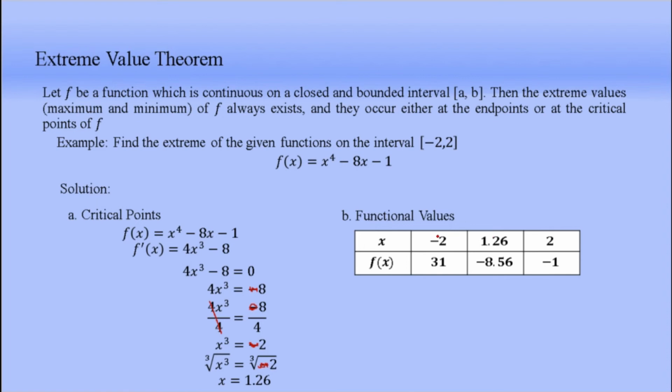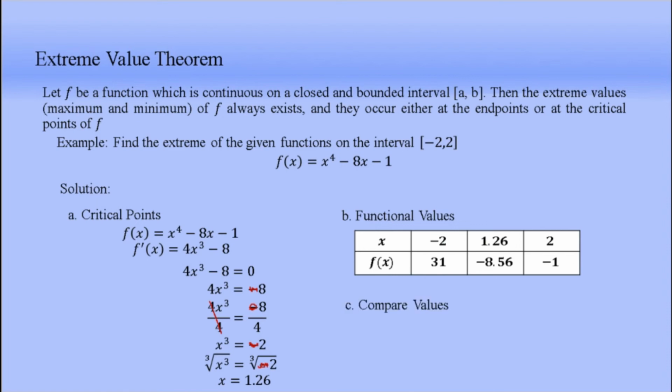And so we're just going to substitute these x values into this function. So -2 raised to the 4th power minus 8 times -2 minus 1 is 31, and then this x value gives -8.56, and then for the value of 2, we have -1.